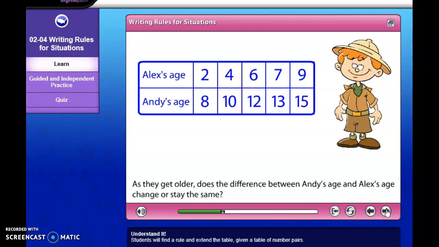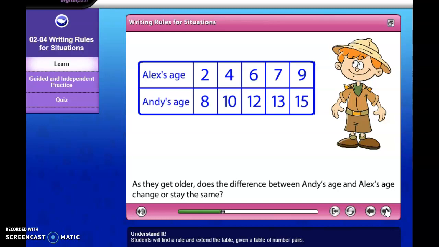As they get older, does the difference between Andy's age and Alex's age change or stay the same? Test your rule. Is it always the same amount more between 2 and 8 than between 4 and 10 and between 6 and 12?